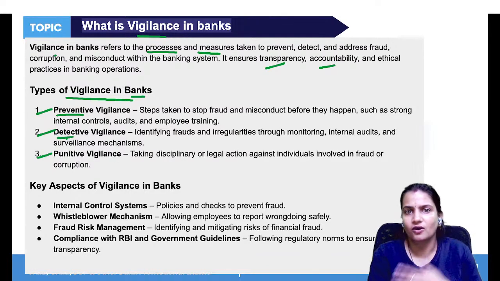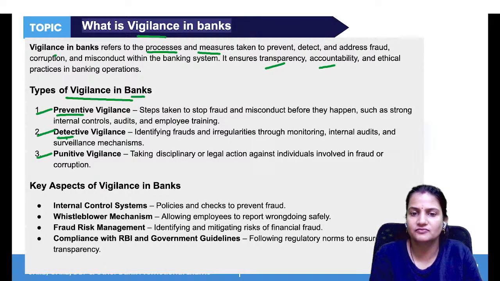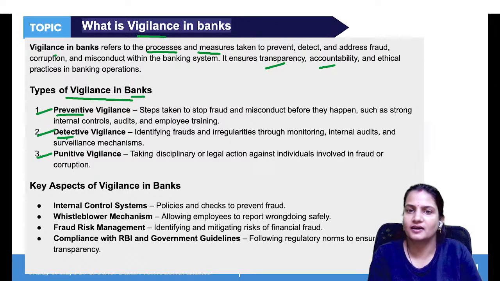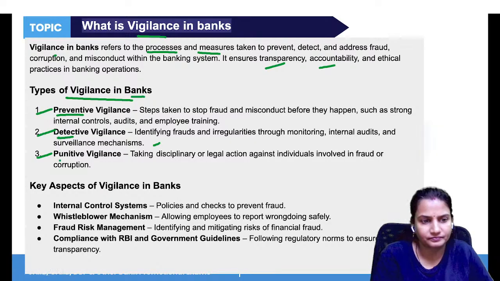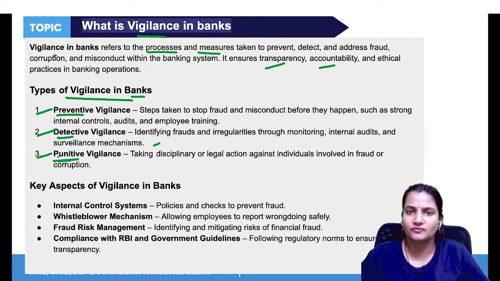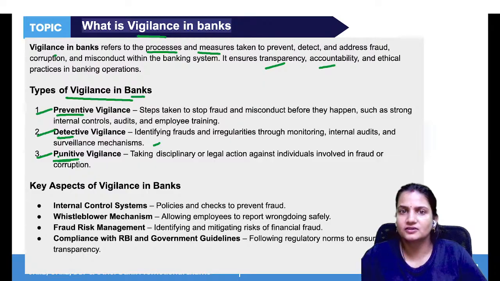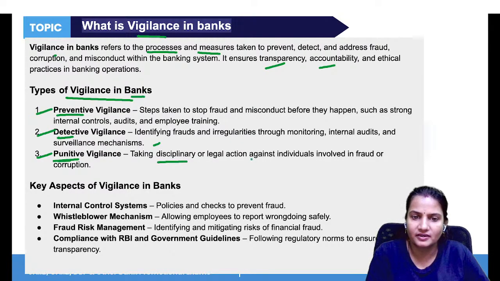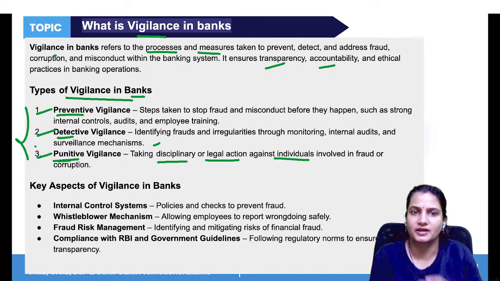Detective means the fraud has already taken place and you are identifying the frauds, finding the irregularities through monitoring and controlling measures. That is detective. And punitive is what? When you are taking action against that person who has done the fraud. So taking disciplinary or legal action against the individual. So these are three different types of vigilance.